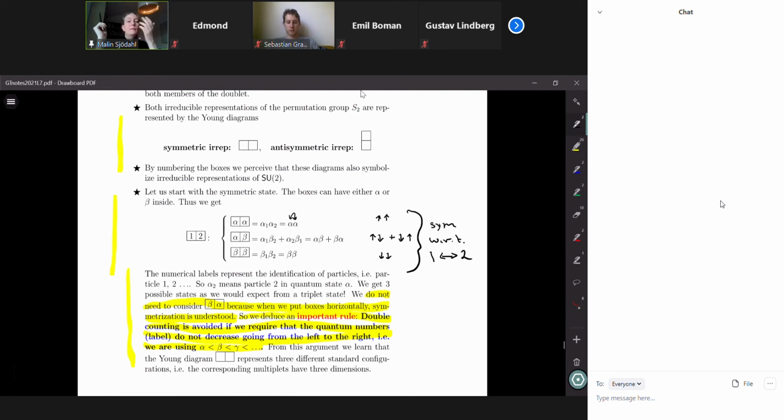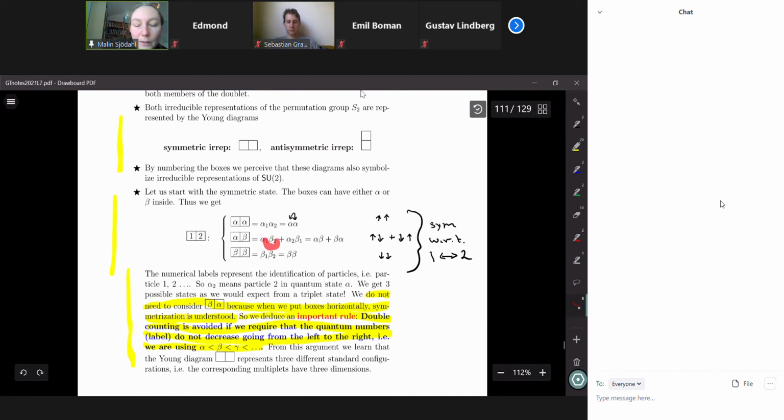I can construct another symmetric state though, even if the other particle, particle 2, is in the other state beta. So then I can have particle 1 in state alpha and particle 2 in state beta. And this tableau here means that I should symmetrize with respect to the states. So I have here alpha 1, beta 2.